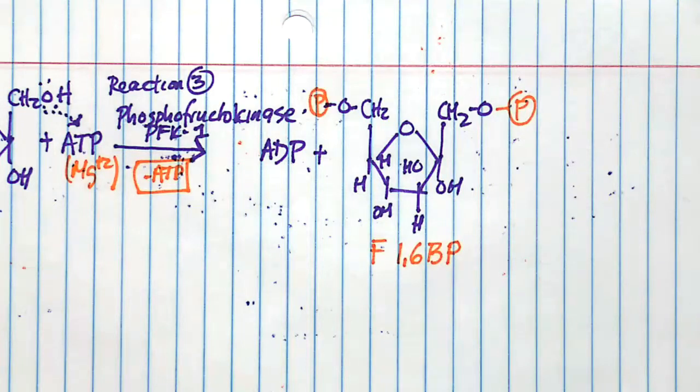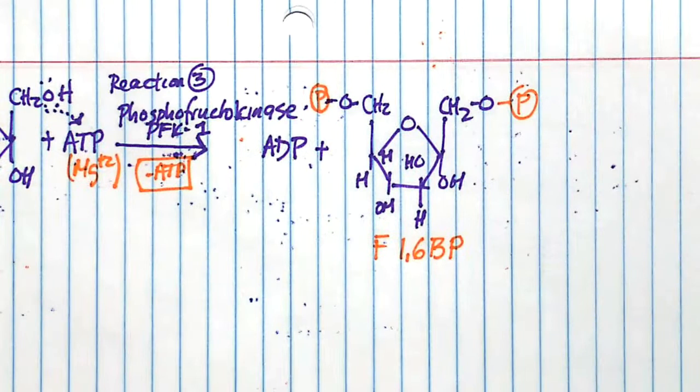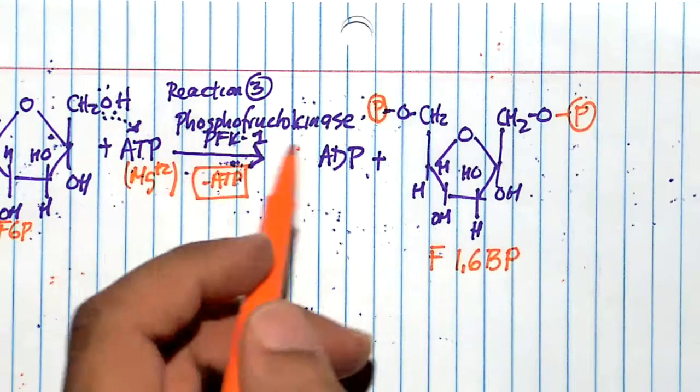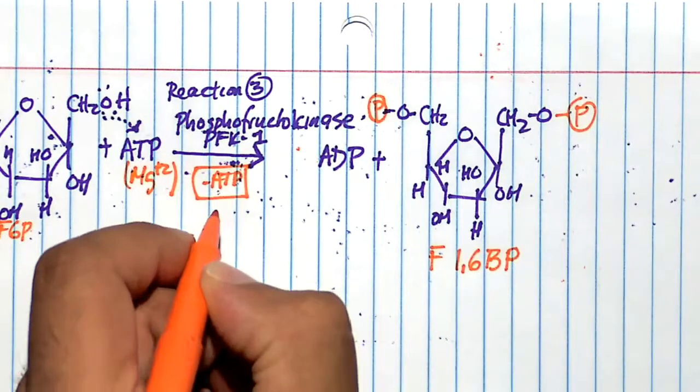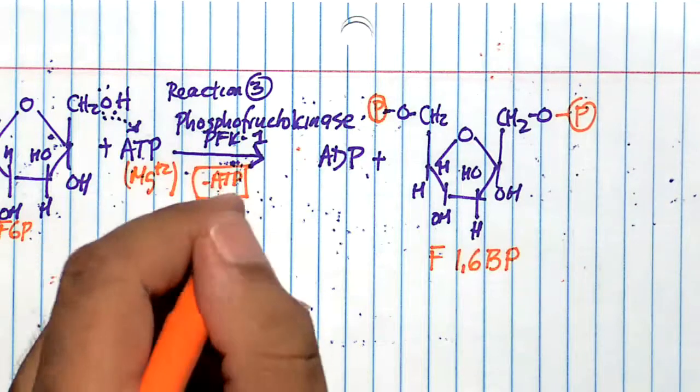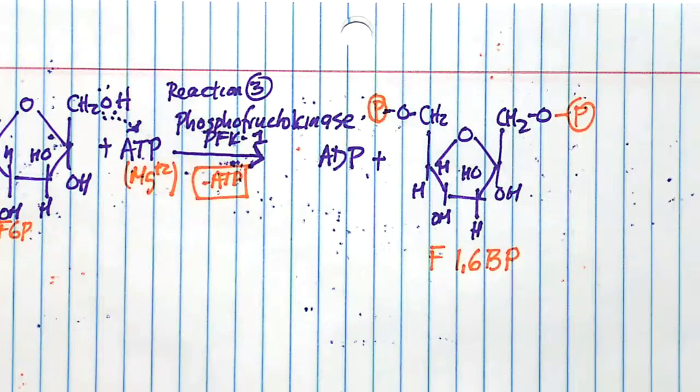This is a molecule that is ready to go to reaction 4 of glycolysis, but it's worth taking a few moments to recognize the importance of phosphofructokinase. It is the rate-committed enzyme in glycolysis, and it's heavily regulated.